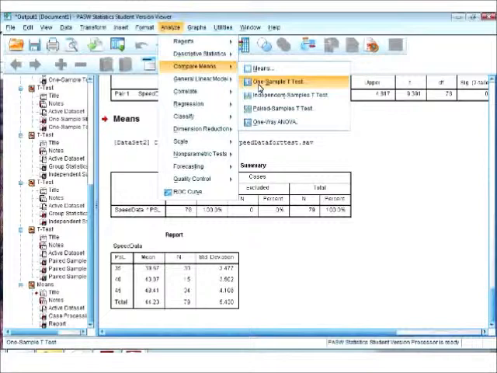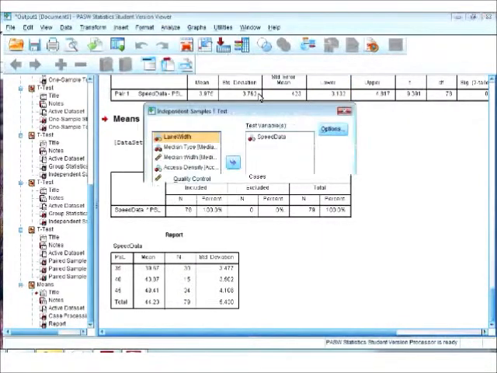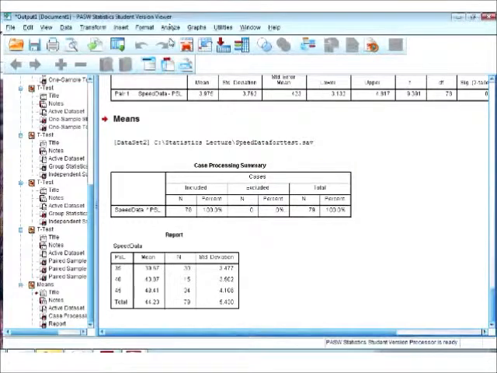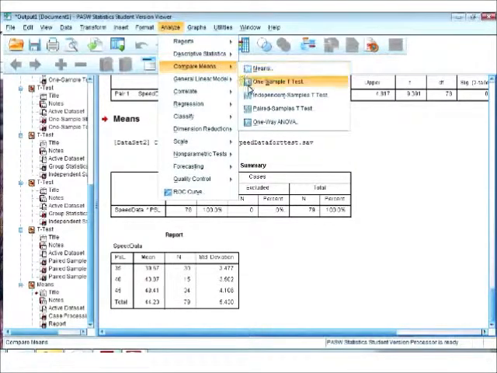We can conduct a one sample t-test when we have just one variable and we have a certain claim and we want to see whether that claim is correct or not. Independent sample t-test is the one we do when we want to compare the means for the same variable, however, for different categories.